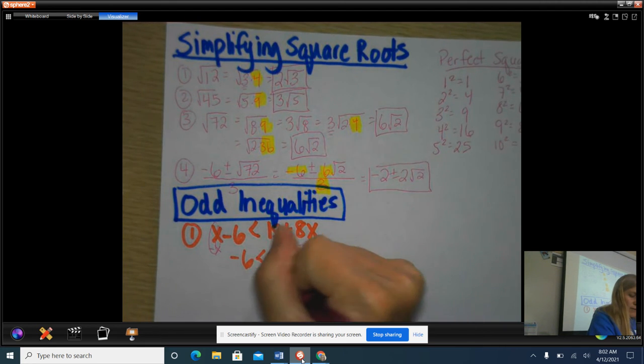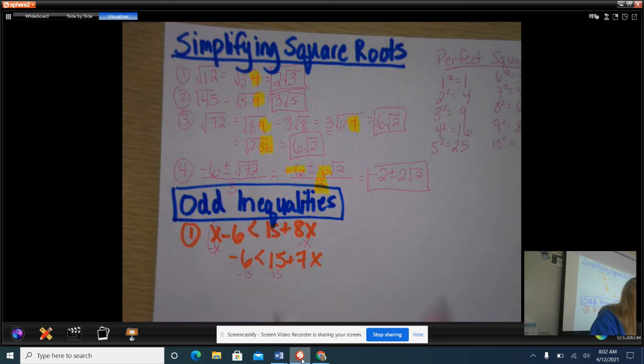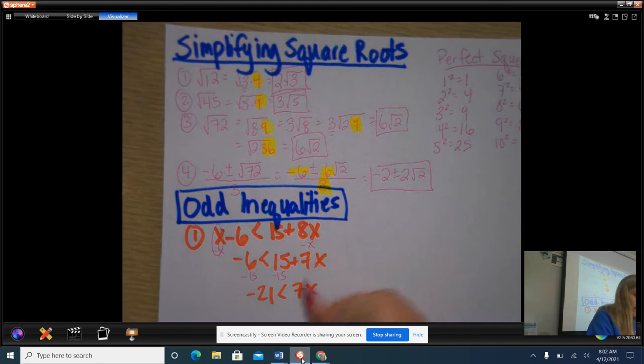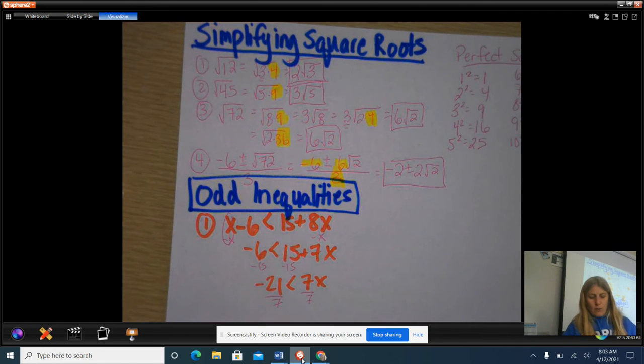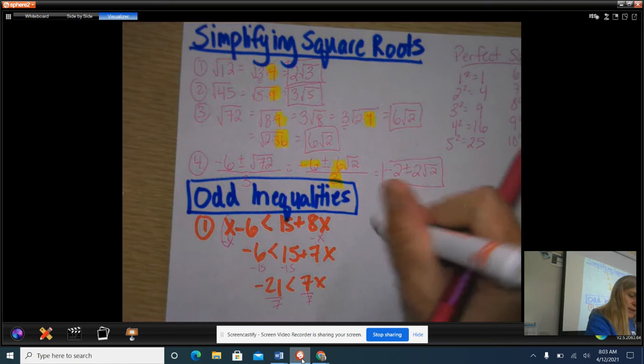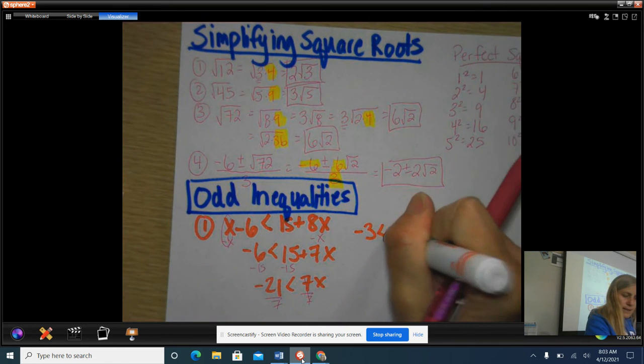I'm going to subtract 15 from both sides, and that gives me negative 21 is less than 7x. I'm going to finish up by dividing both sides by 7. Remember, if you divide by a negative, you would have to flip that sign. So that cancels out. Negative 21 divided by 7 is negative 3 is less than x.